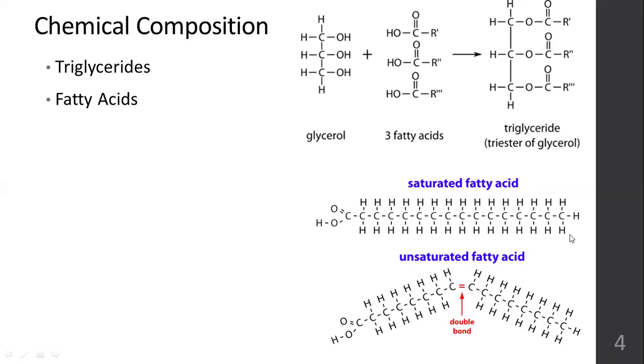So that's the reason why a diet that is high in saturated fatty acid will cause cholesterol issues, atherosclerosis, cholesterol-based blockages in blood vessels, because saturated fatty acids can easily sit on top of each other.